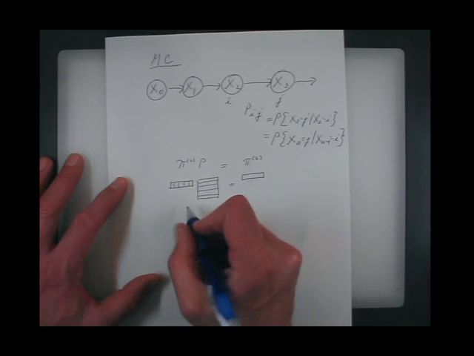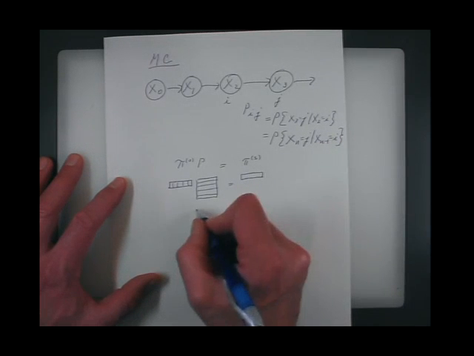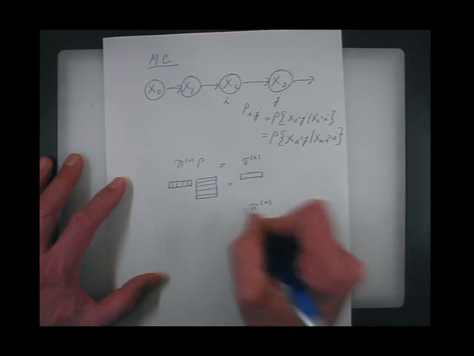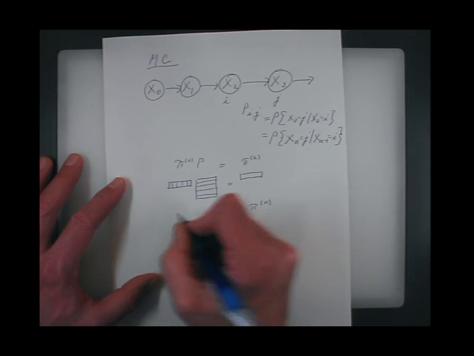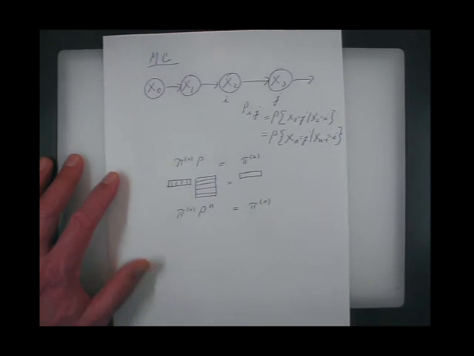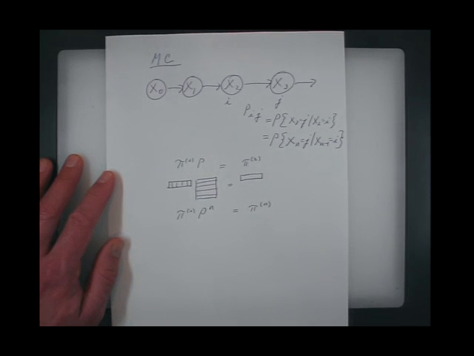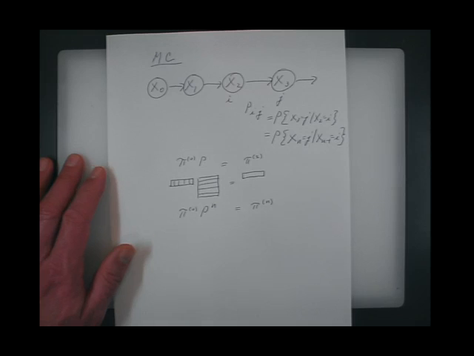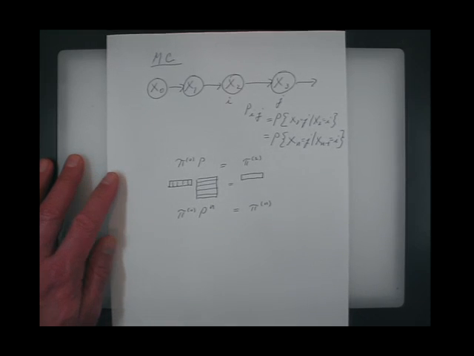Now, if you continue this, you say pi n is going to be equal to pi 0 times P to the n. So basically, this is like kind of a geometric series of these transitions. They just keep multiplying together as matrices.